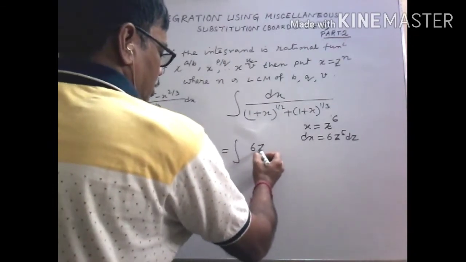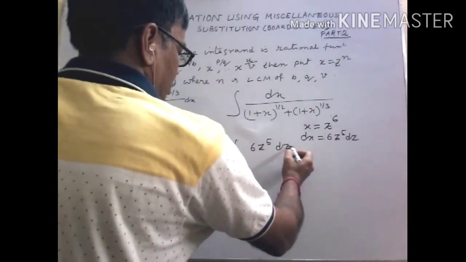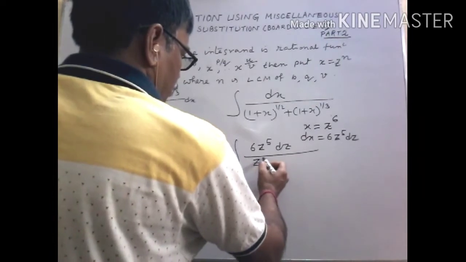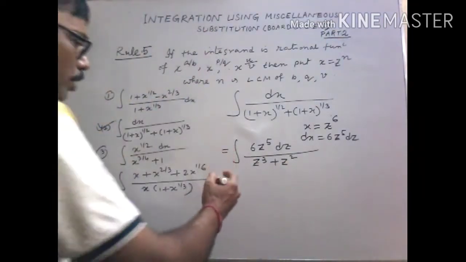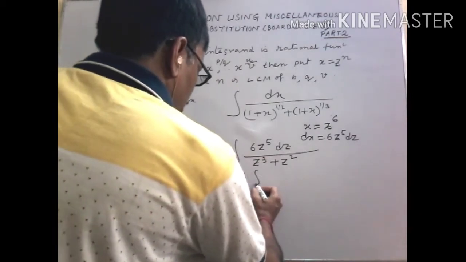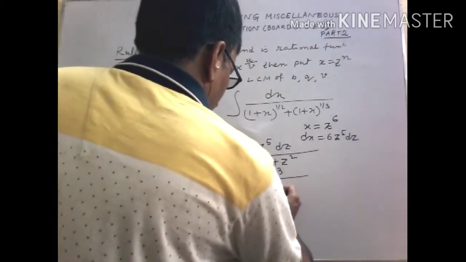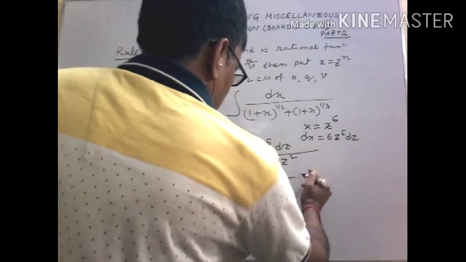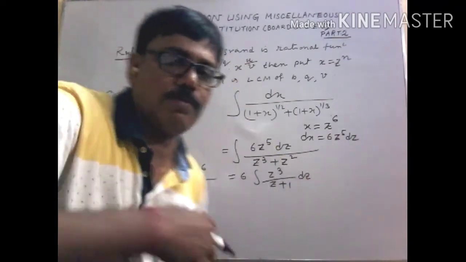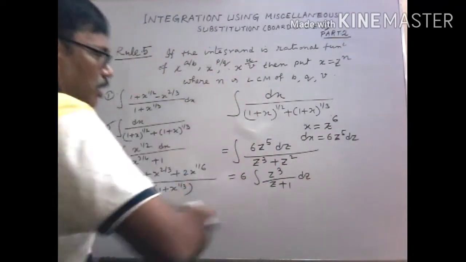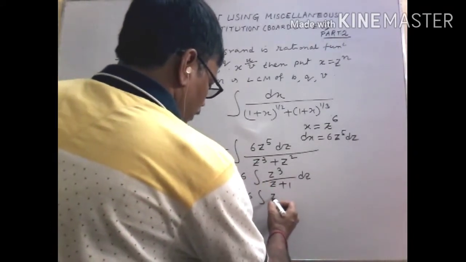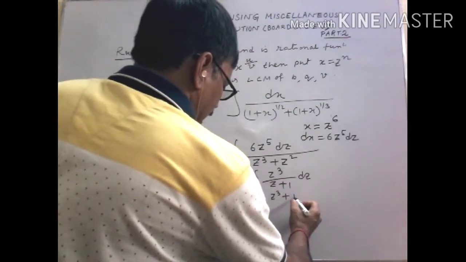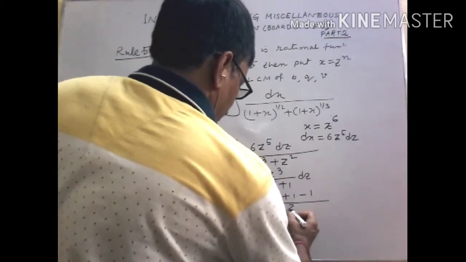So we are getting 6z to the power 5 dz by z cube plus z square. So z square common, 6 outside, we are getting z cube by z plus 1 dz. Now this is a simple form. The denominator is linear, so we have to use the division rule or adjustment rule.